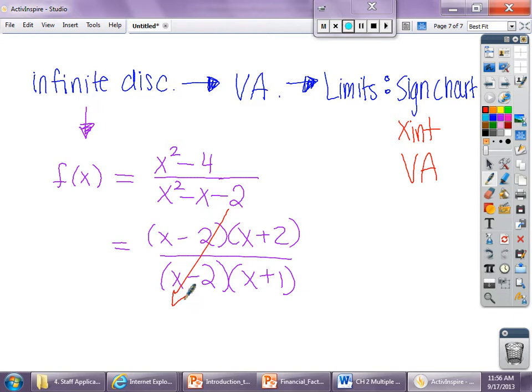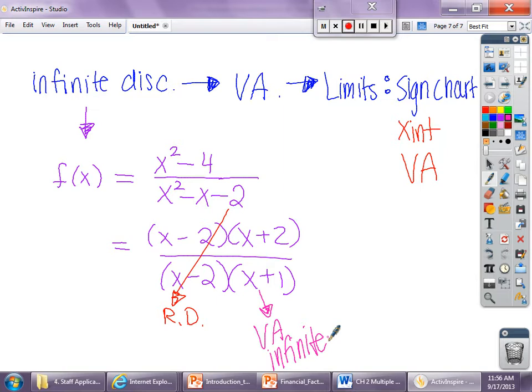This guy is a removable discontinuity because it canceled. This guy is a vertical asymptote, which is the same thing as an infinite discontinuity because it didn't cancel. Little pieces that you guys were getting wrong in 2.3.